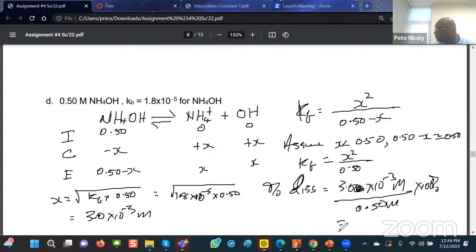And that works out to be equal to 6.0 times 10 to the minus 3. Oh, I forgot to multiply by 100. I keep forgetting to do that. So this gives you 0.6%, which is less than 5%. So that means that the assumption is valid. So what's the next step?